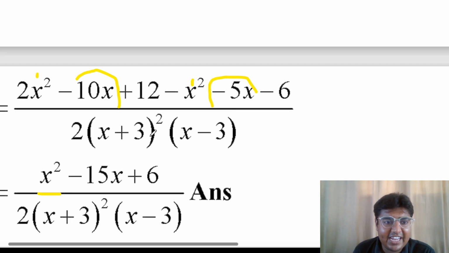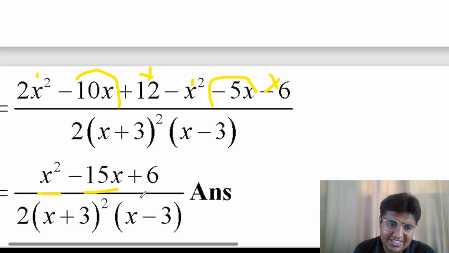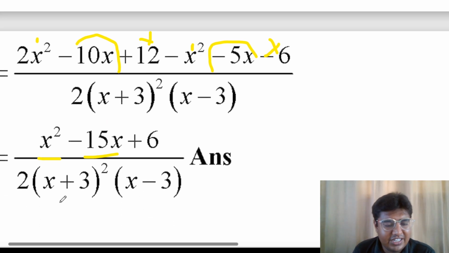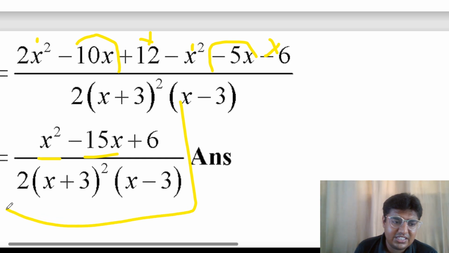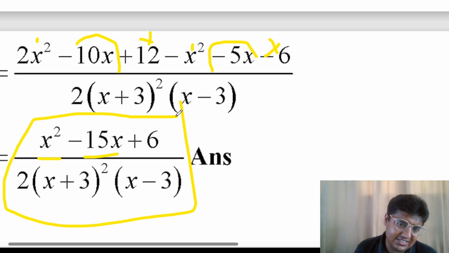So it will become negative 15x. And here plus 12, negative 6 will give you positive 6. Excellent. Good job. Now you can write x plus 3, x plus 3, you can write x plus 3 square. Not a problem. Now you can see this is my answer.